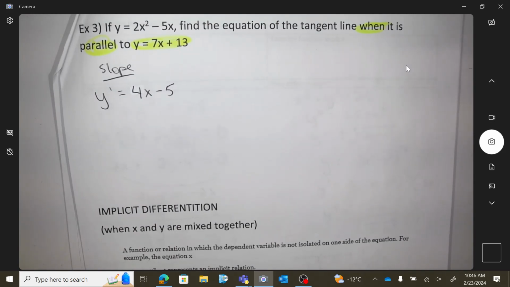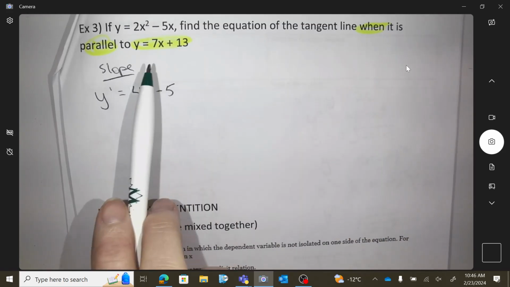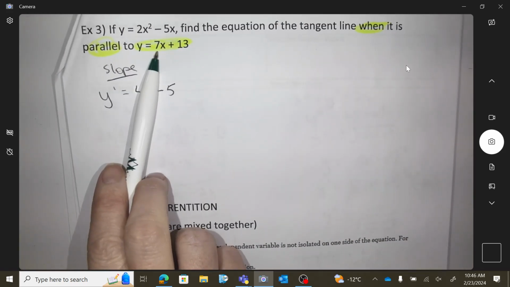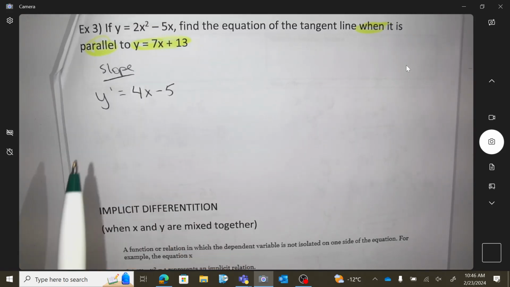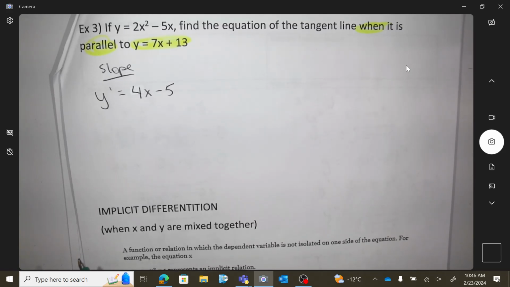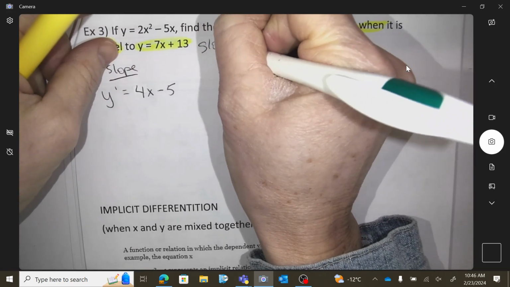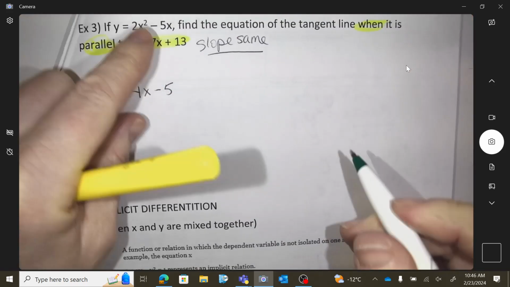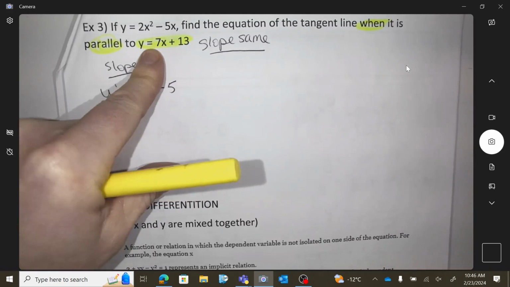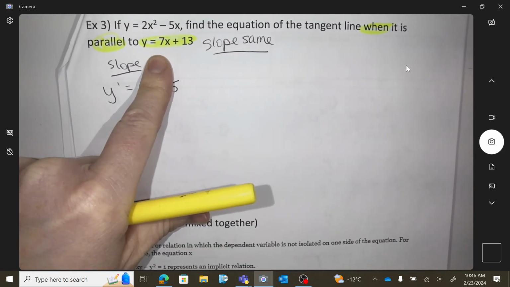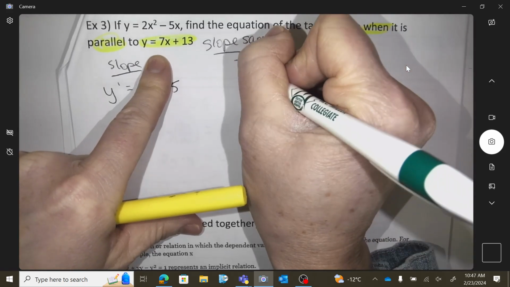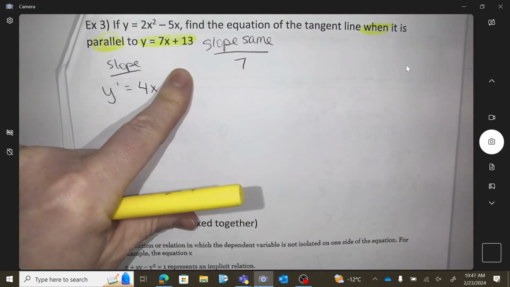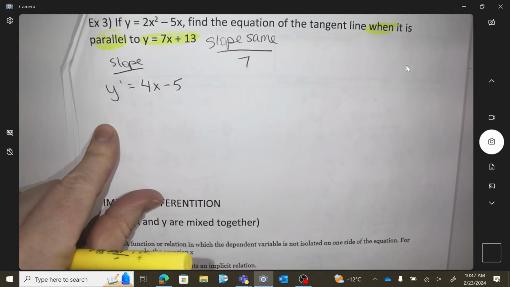Okay, here's some wording. I don't have x values this time, so when are we going to be parallel to this other line? What do you know if you're parallel to something? What are you going to think about their slopes? Slopes have to be the same. So what's the slope of this line? Because I want to have the same. What's the slope of that equation? 7, right? 7x, that's the m. Okay, so I would like to have a slope of 7.